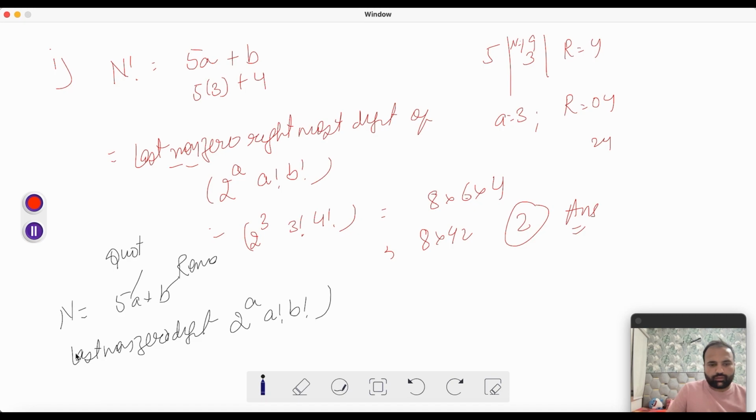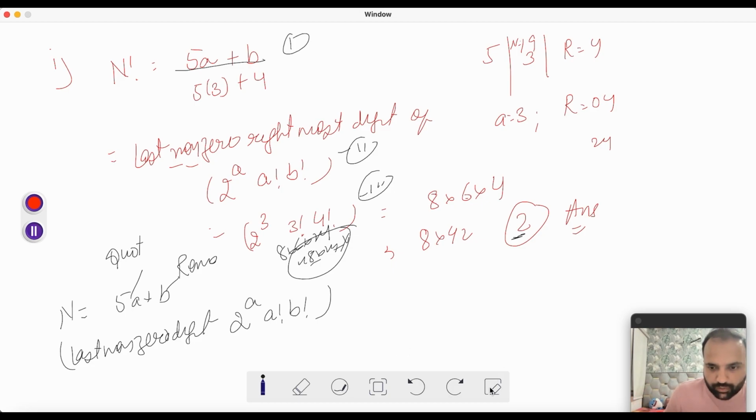You can write it down. This is step 1, step 2, step 3. But remember, don't multiply 8 into 6 into 24 fully and then do 48 into 24. This would be wrong. Just take the last non-zero digit at each step. That's all. We just need to find the rightmost non-zero digit.